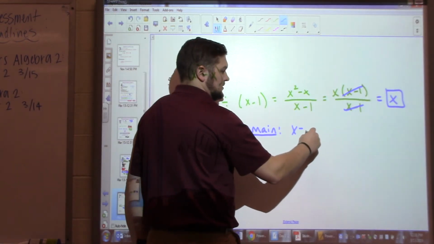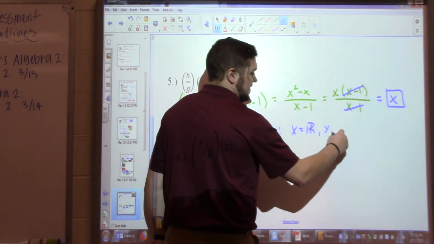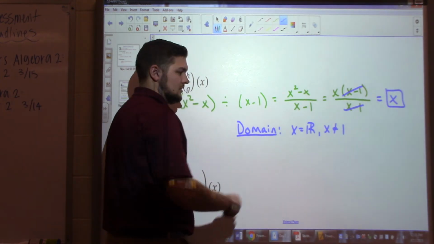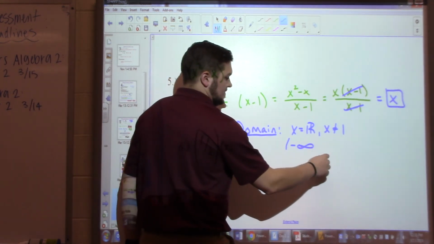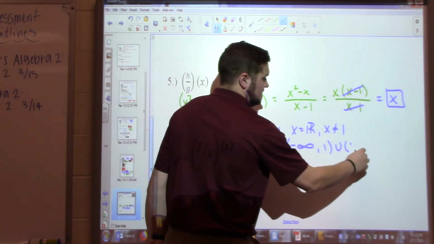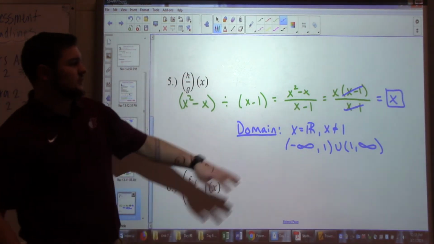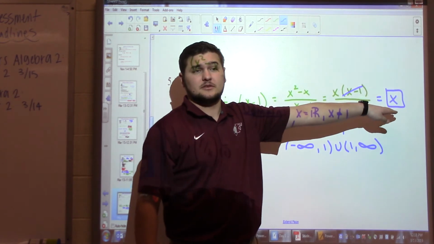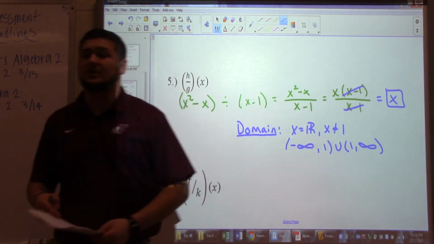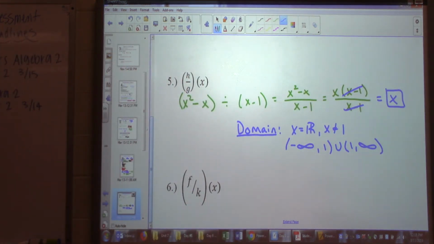Alright, so x is in the real number set. X cannot equal 1. Negative infinity to 1, union 1 to infinity. You can't just look at what you end up with. We had a denominator, so we know we have a restriction there. Any questions on that one?